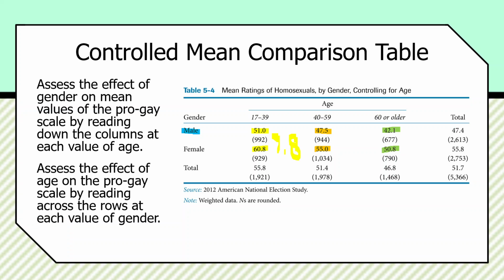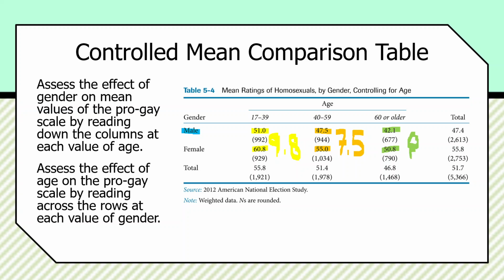Let's go up to the next age cohort. It's a little bit narrower here, 47.5 versus 55 among females, but again we're running in the same direction. That's about 7.5 degrees on the feeling thermometer scale, so there's still a difference. And then finally, among the oldest cohort, we have 42.1 versus 50.8, which is an 8.7 effect.